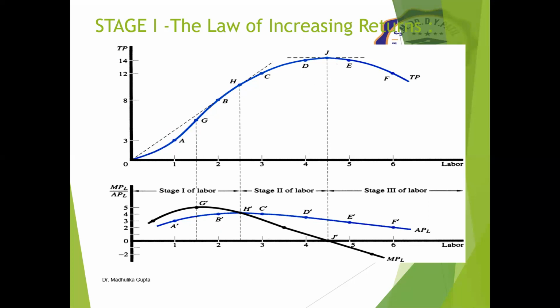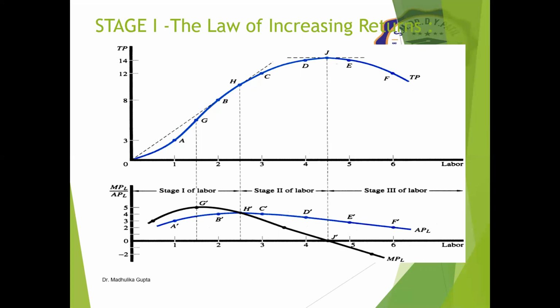From point H onwards, the TP goes on rising but at a diminishing rate. MP falls but it is positive, right? Stage 1 ends where the AP curve reaches its maximum at H dash, where AP and MP are cutting each other.